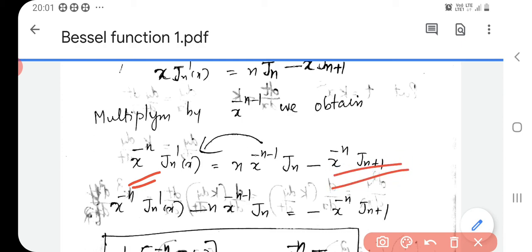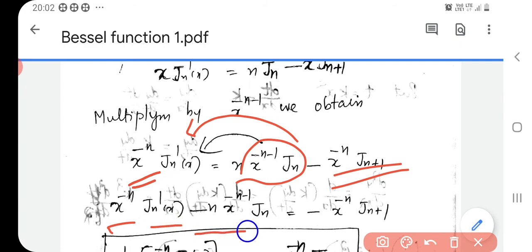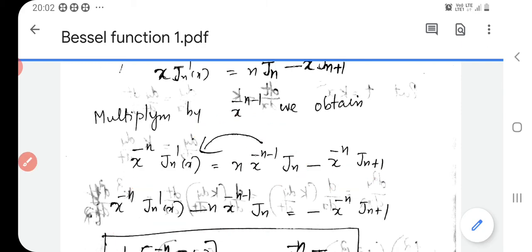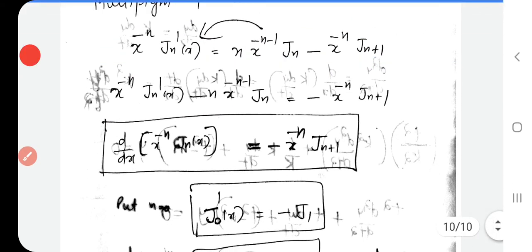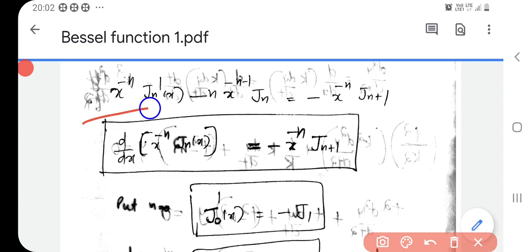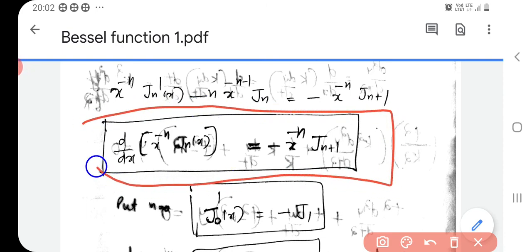Okay. So if I take this term to this side, I have x to the power minus n Jn prime of x minus n x to the power minus n minus 1 Jn of x, that is equal to minus x to the power minus n Jn plus 1.